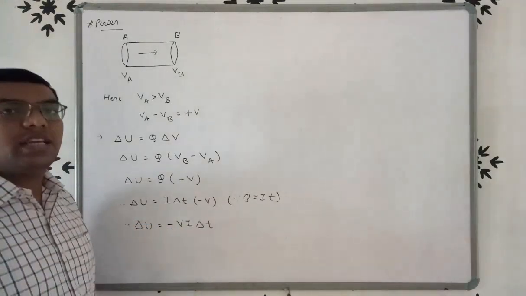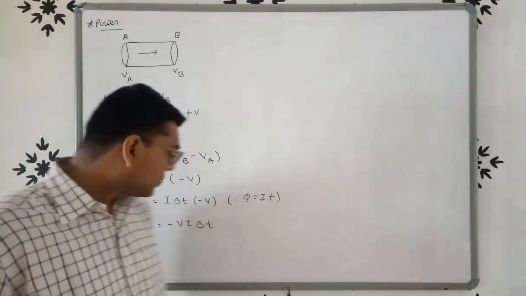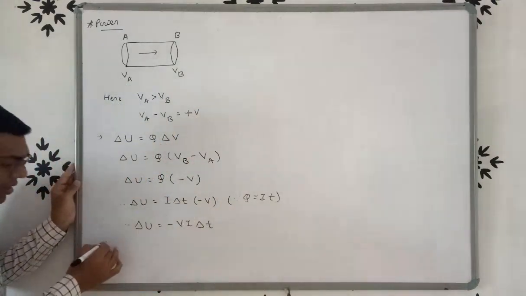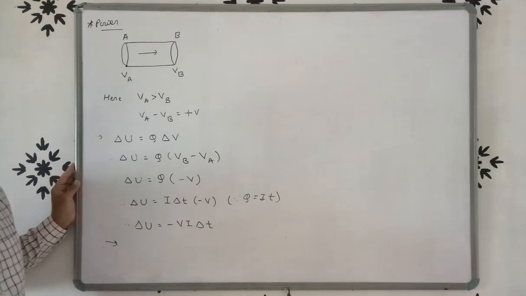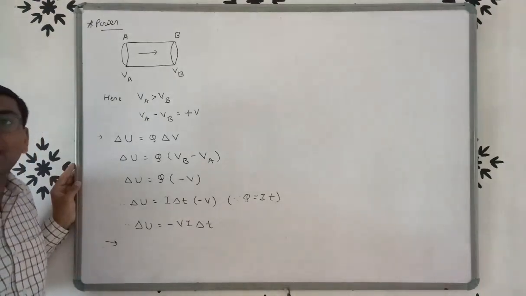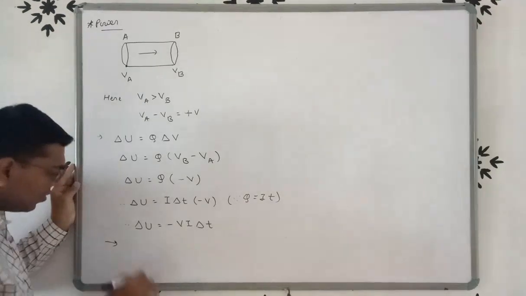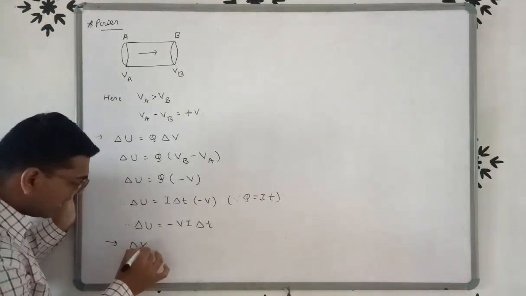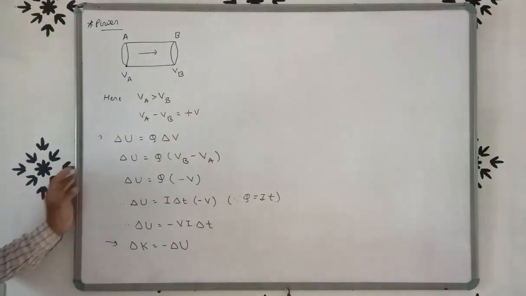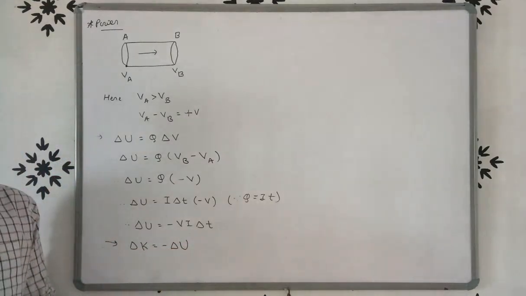So here the change in potential energy is minus VI delta T, but here the electrons are in motion and collide with ions, so kinetic energy will be there. So we know that delta K is equal to minus delta U, right? We already discussed this concept in standard 11.